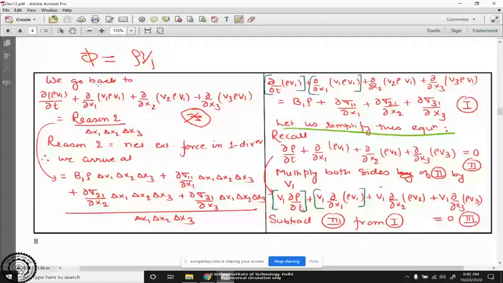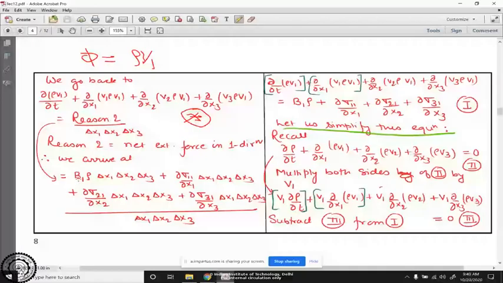First, this bunch of terms, we know that is because of flux reason, and all non-flux reasons are combined in reason 2. And then we also reasoned out that the reason 2 for momentum should be the net force acting on the fluid element in one direction. So that's what I'm writing here.